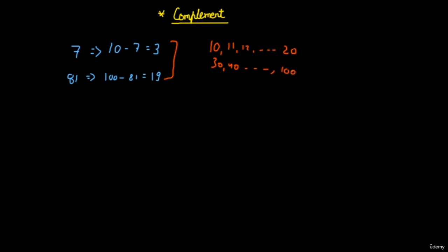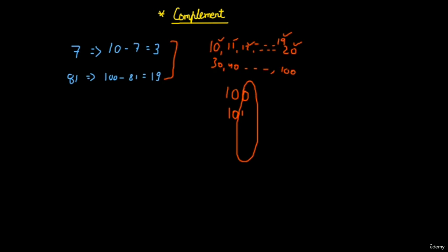After 100 we start repeating, like 100, 101. So this is the repeating I meant, like in this case 0, 1, 2, and all the way to 19, right? Then again 0. So 10, 100, 1000 are the complements for the numbers that are closest to them. Okay, I hope you have got the idea of the complement.